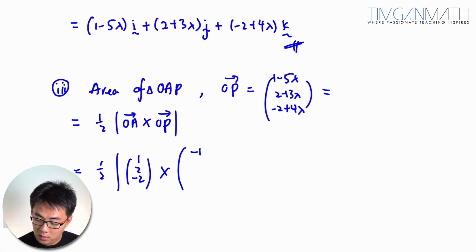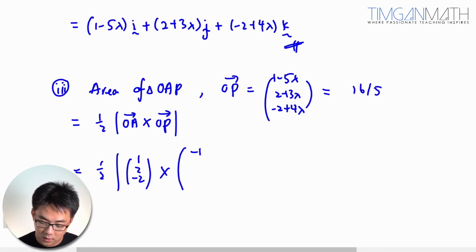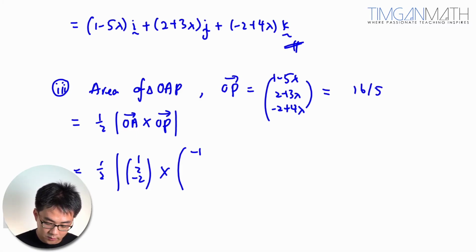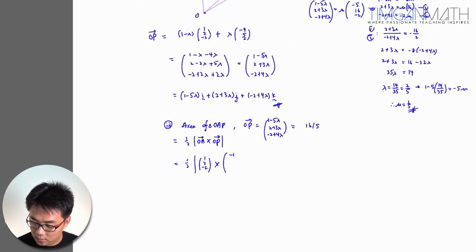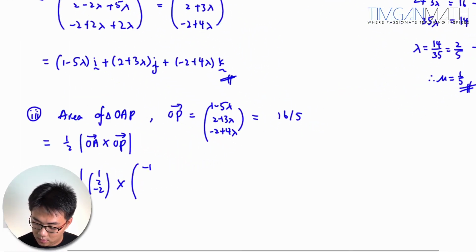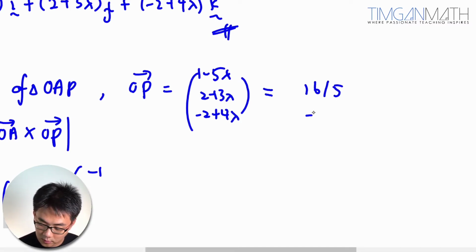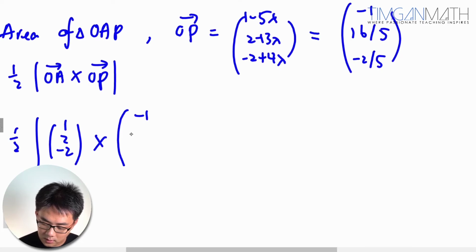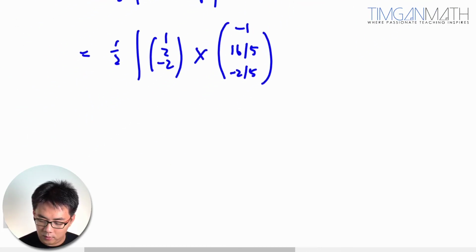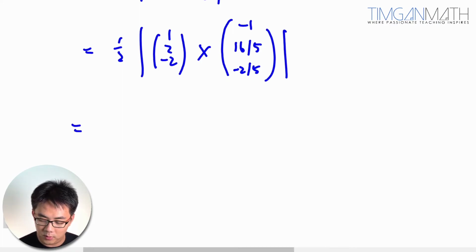So 16 over 5. That's okay. Minus 2 plus 4 times 2/5, this minus 2/5, and this will be minus 1. If you do not want to deal with the 1/5, you just bring the 1/5 out.